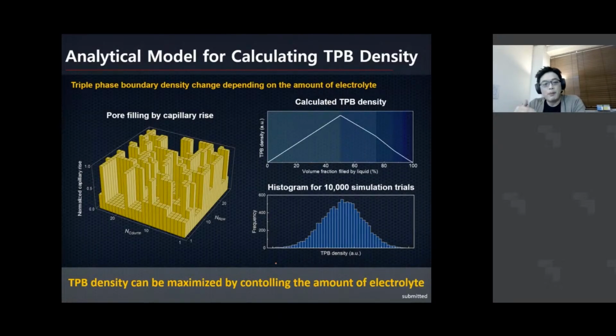You can maximize the triple phase boundary by controlling the electrolyte. That's the key. So here's some of the simulation, and we calculate what's the proper volume of the electrolyte you can use if you use the hierarchical pore of the graphene oxide.